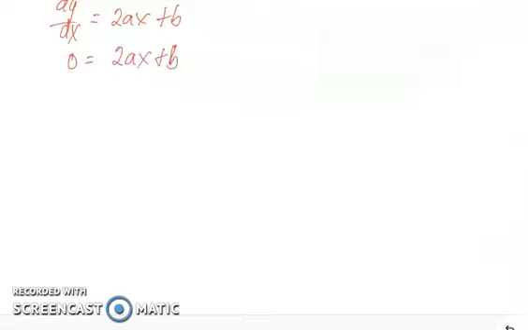And we have to take note that our b, which is equivalent to g sub 1, is our initial grade, which is equal to negative 3.5. And for our a, which is one of the coefficients, a is equal to g sub 2 minus g sub 1 all over 2L.